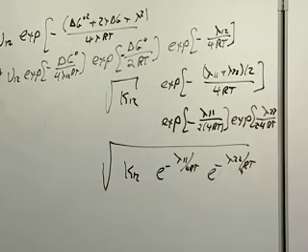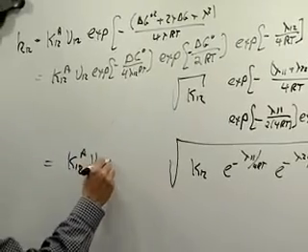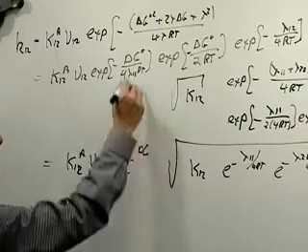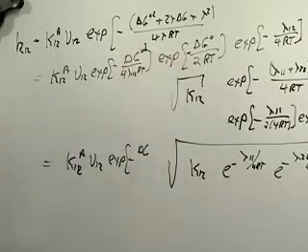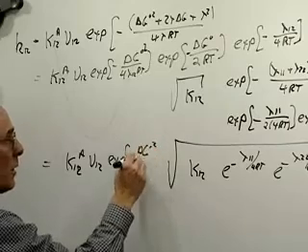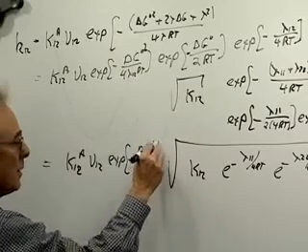Right? And this is K12A nu 12 e to the minus delta G. This is a squared. I think I lost that square up there. That square is here. Delta G0 squared over 4 lambda 1,2 RT.